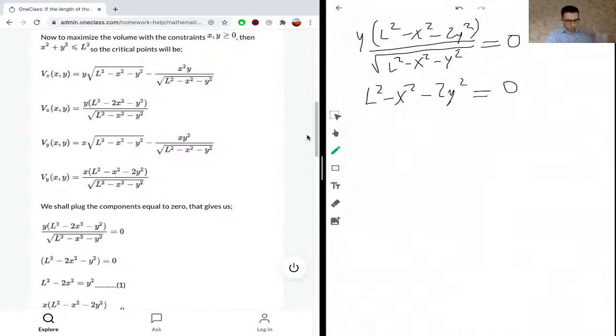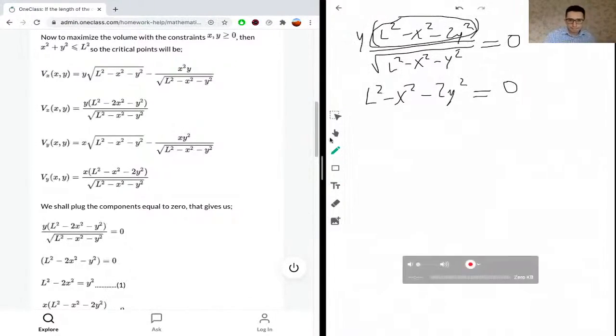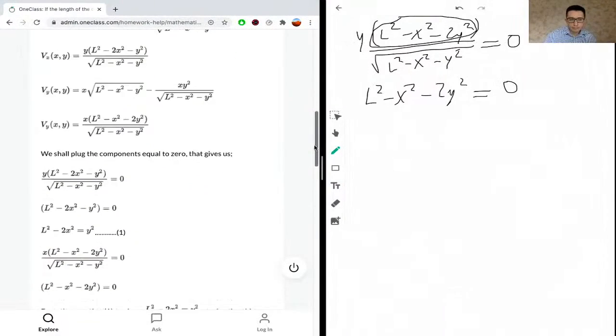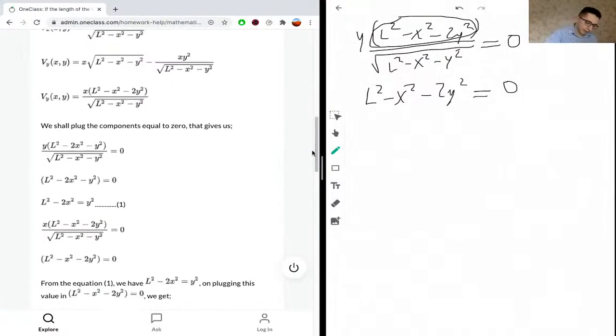So we want to see what the volume would be when we look at this component and we set this component to 0. Okay, so this is kind of our first equation. So L squared minus x squared is equal to 2y squared. So we'll call this equation 1.